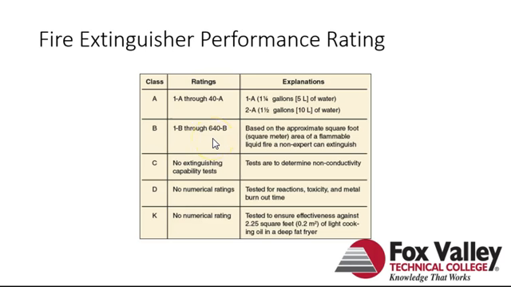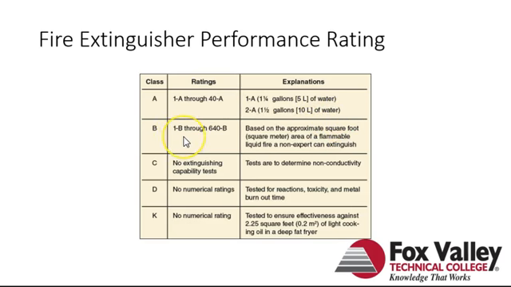I'm not going to go into a whole lot of detail, but that number is based on how much fire it can put out. For example, a 1A is the equivalent of 1 3/4 gallons or 5 liters of water. So you have to look at how much fire it's going to put out compared to how much water you would take.